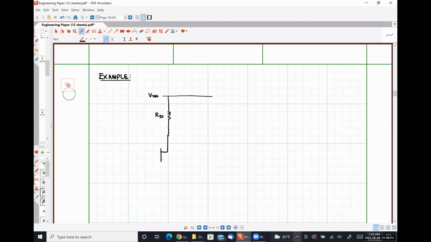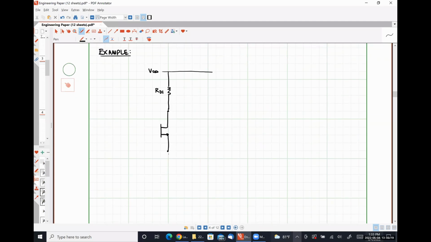I'm going to have a MOSFET. I'm going to call this resistor down here RS1.